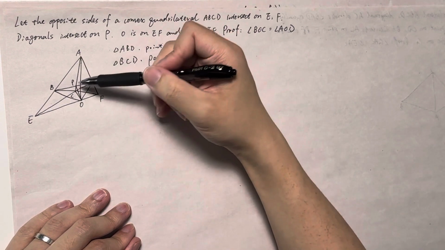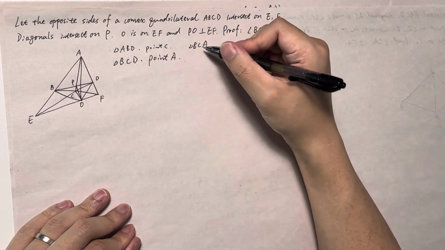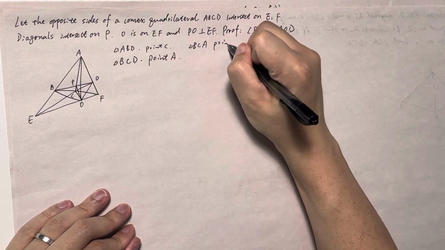It intersects the other two lines at point D. So we have triangle BCA and point D.